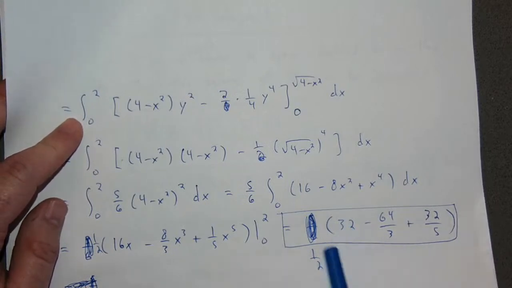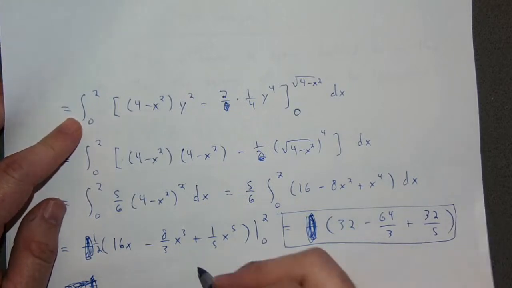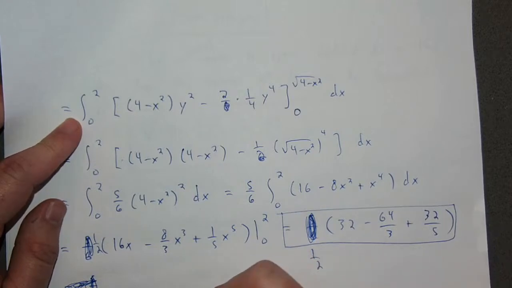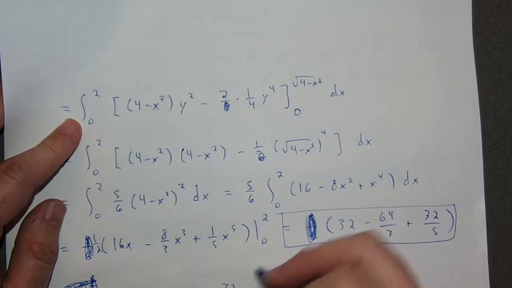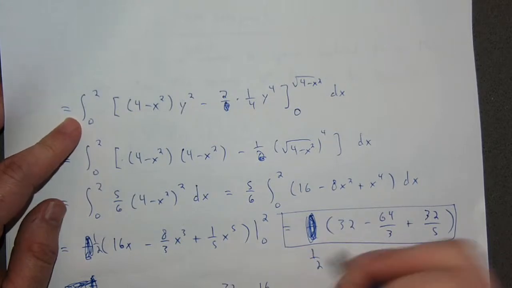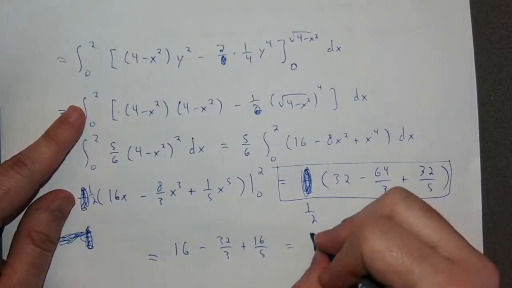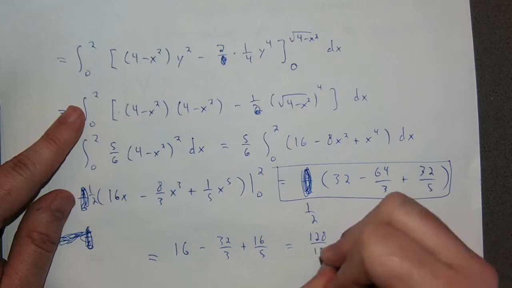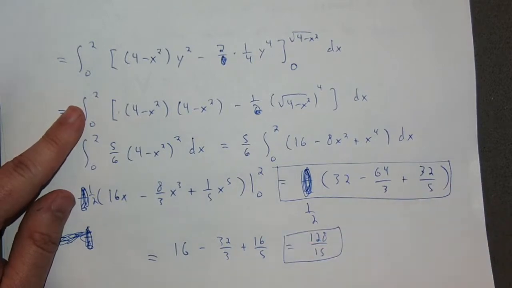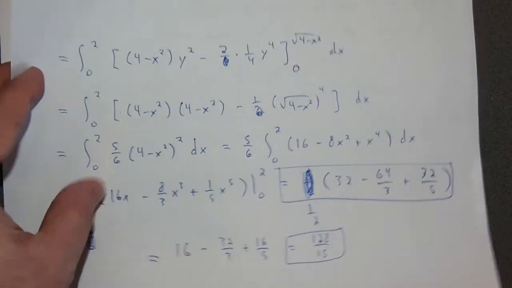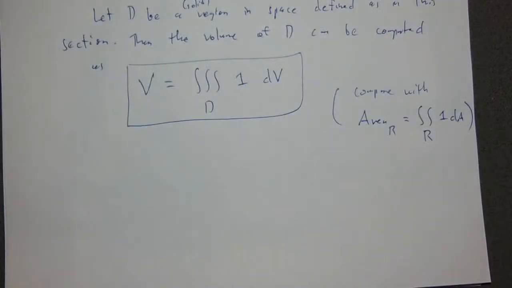And this is actually an easier thing to find. So this would be 16 minus 32 thirds plus 16 fifths, which is 128/15. Yeah, so now it's right. Thank you for saying that.